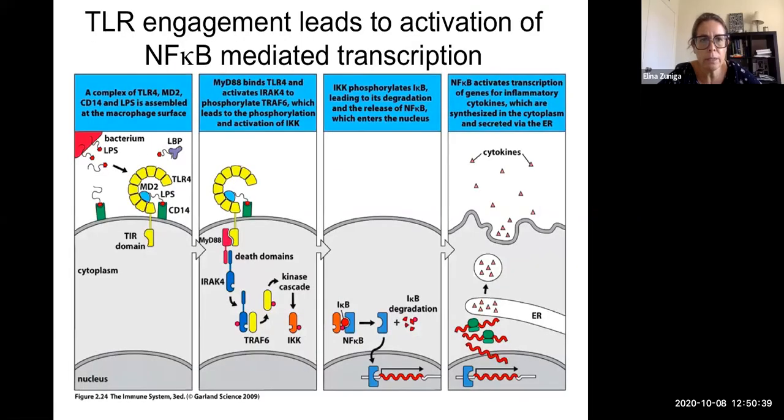So here you can see again, this is what I showed you already, that TLR4 and other toll-like receptors, when engaged by bacterial or other microbe PAMPs, will lead to MYD88 and IKK kinase cascade, with the activation of IKK kinase and the activation of NF-kappa B via the degradation of the inhibitor of NF-kappa B. And now NF-kappa B can translocate into the nucleus and initiate the production of cytokines and chemokines.